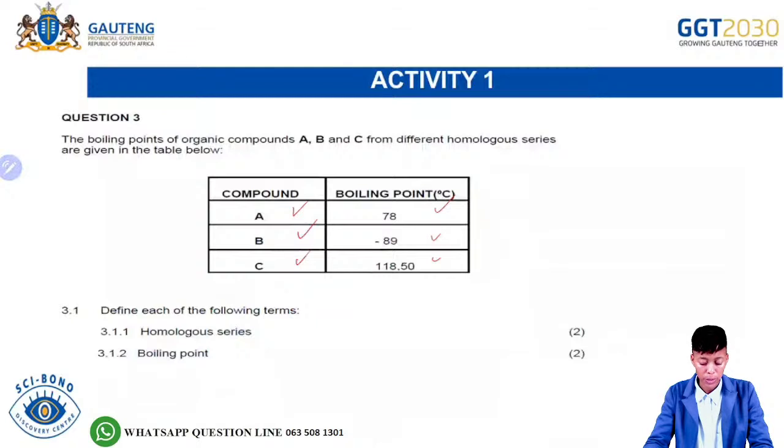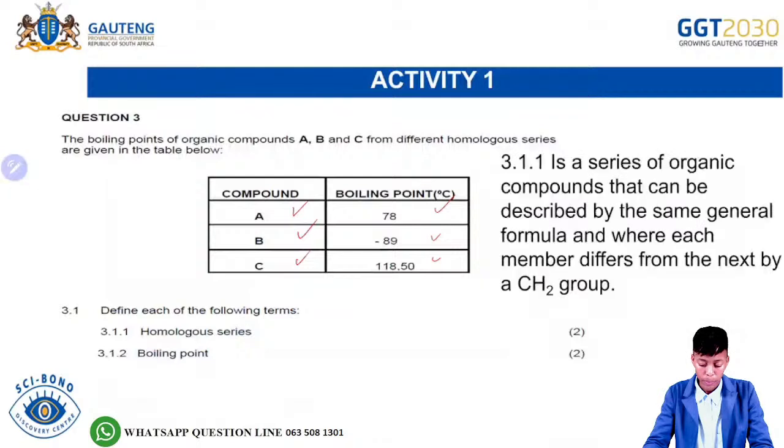3.1 says define each of the following terms. So the first one there is 3.1.1. We need to define homologous series. So remember, when you define according to the examination guidelines, the definition will be 2 marks.